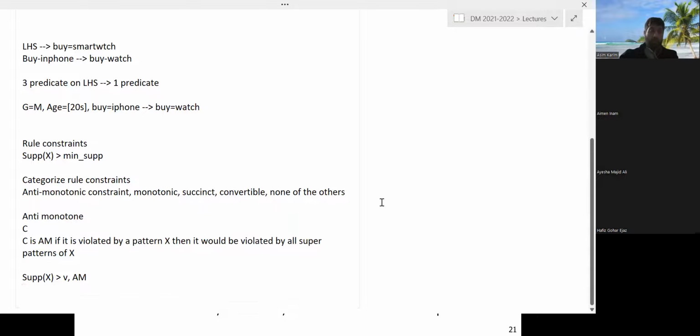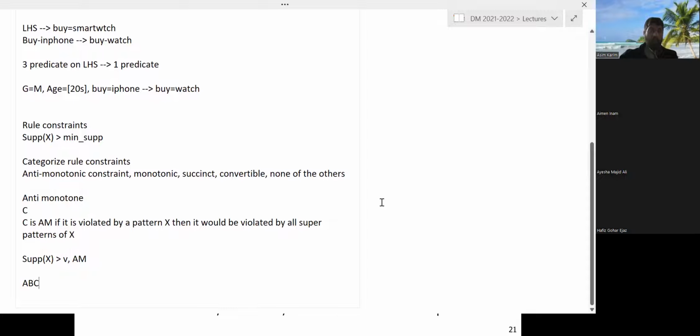Okay? So let's say you have a pattern, let's say A, B, C. Let's say its support is, let's say, 5%. But my minimum support is, let's say, 10%. So it means that this item set is not frequent. It violates this constraint.